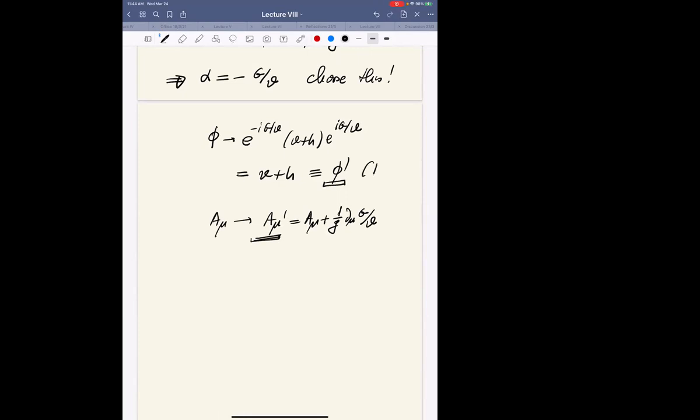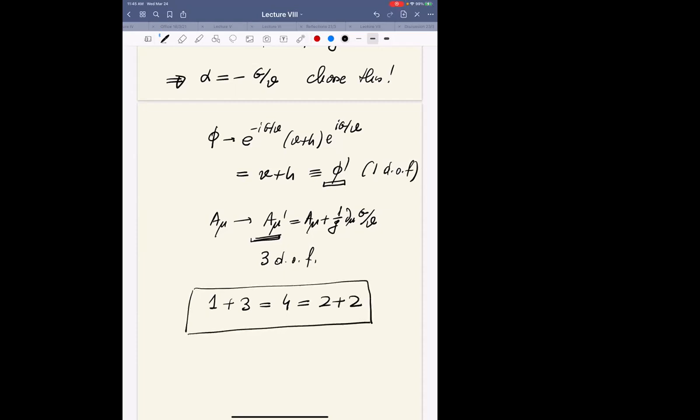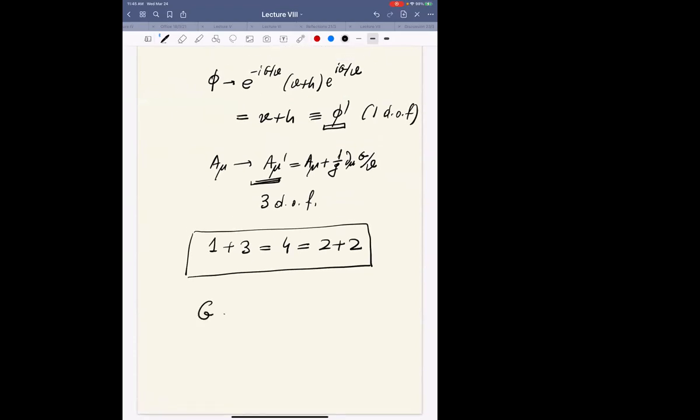I have 1 real degree of freedom here: V plus H, there is just H. And I have here a massive field that I've checked, 3 degrees of freedom. Well, 1 plus 3 is equal to 4, which before was 2 plus 2. I actually have only 4 degrees of freedom. Really, what I've learned, G is not physical. It does not exist really. It was physical when the symmetry was global, because I was not allowed to perform this rotation of the phase.